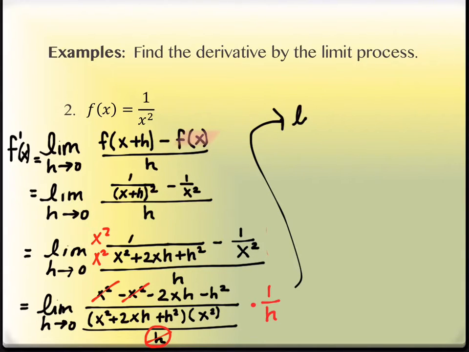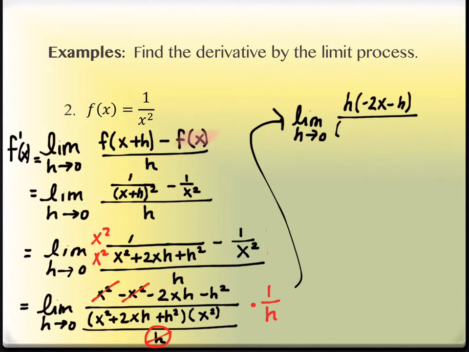So you have the limit as h goes to 0. The numerator, like we said, each part of it has an h in it, so we're going to factor the h out. I'm going to be left with negative 2x minus h.